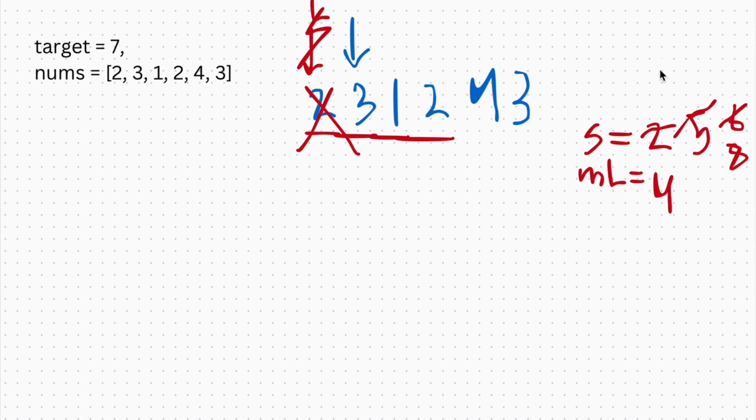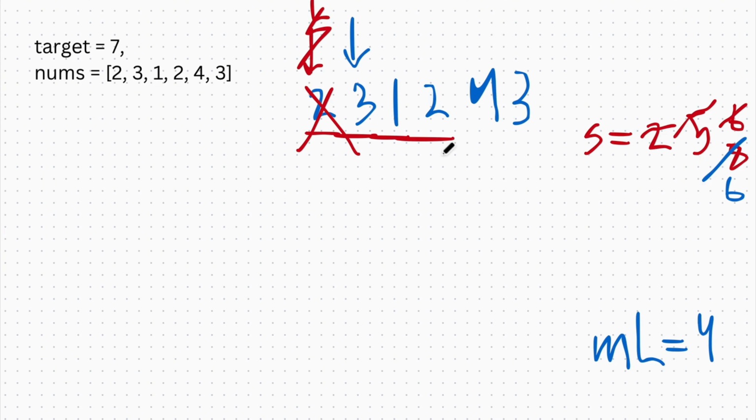So now the sum is 8 minus 2, which is 6. Let me remove the minimum and rewrite it here. ML, as we said, is 4.